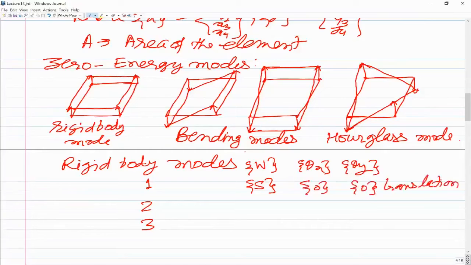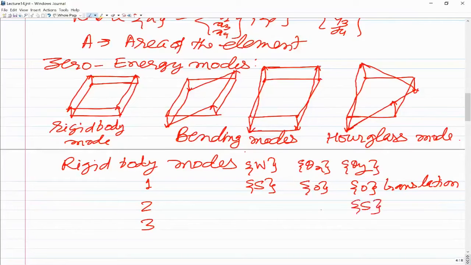So this is a translational rigid body mode. And then you have mode number 2, which is the x rotation. So x rotation, as we know, is the rotation about the x axis, let's say plus s or minus s. So rotation about the x axis will come in theta y.